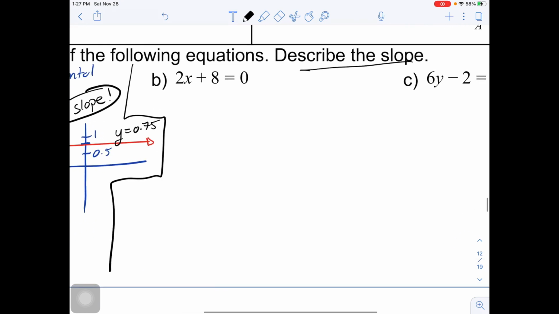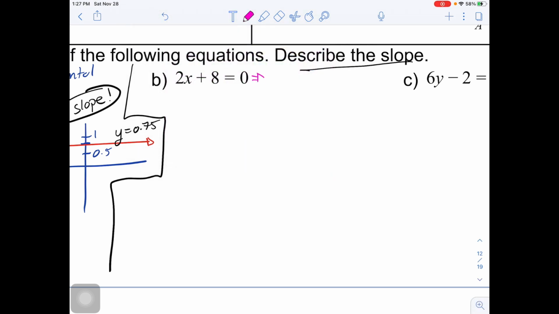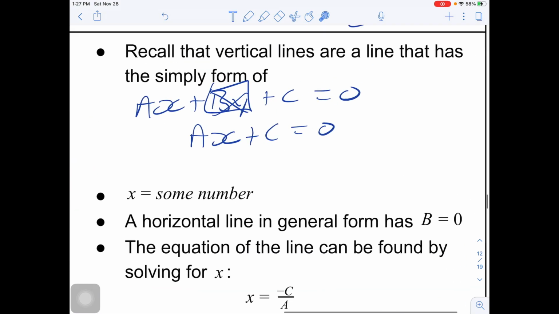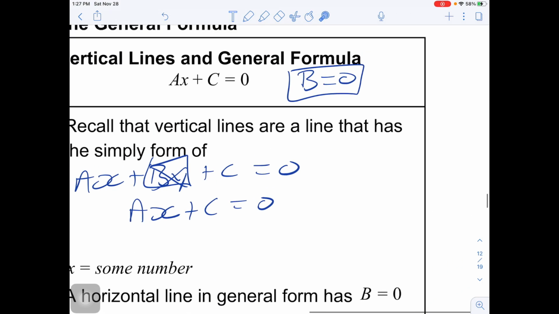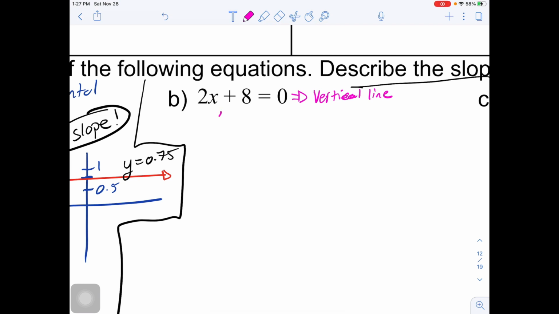So here we have 2x plus 8 equals 0. We'll recognize that we would already know this is just going to be a vertical line, because b equals 0. Remember, when b equals 0, you're dealing with a vertical line. So now we're just going to find x.